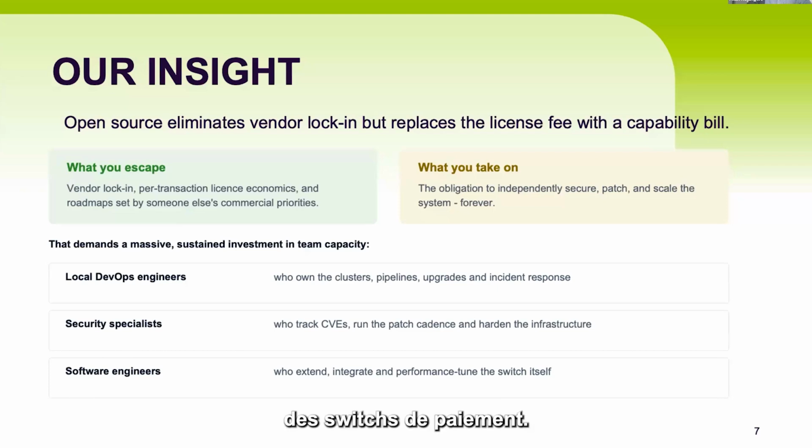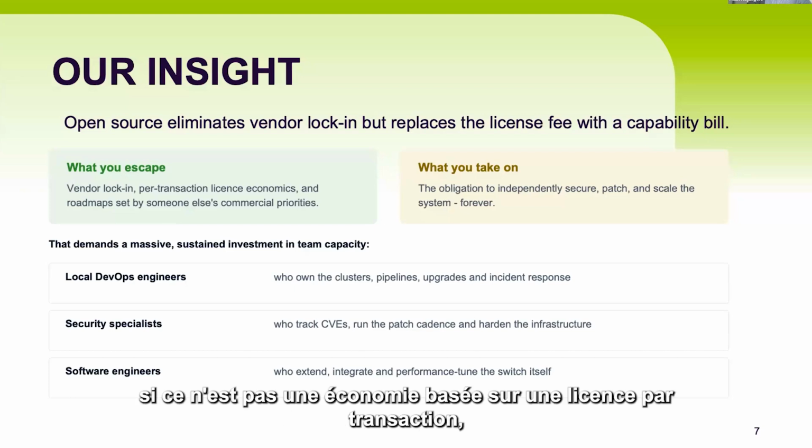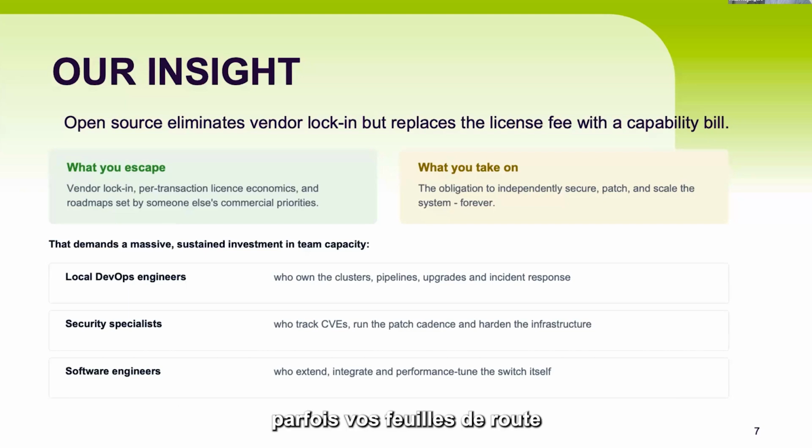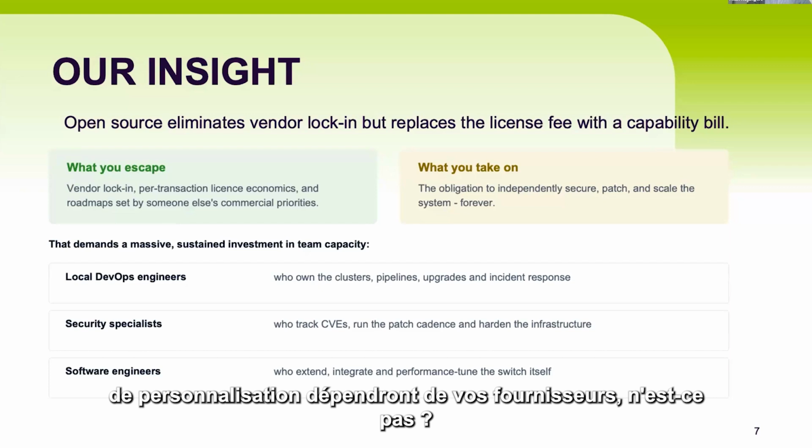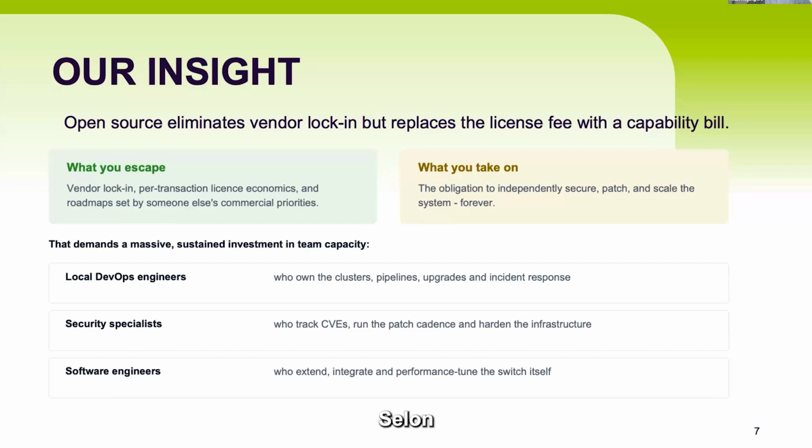For some that have already run payment switches, you already know that if it's not per-transaction license economics that you have to deal with, sometimes your customization roadmaps will be dependent on your vendors, depending on their other priorities.